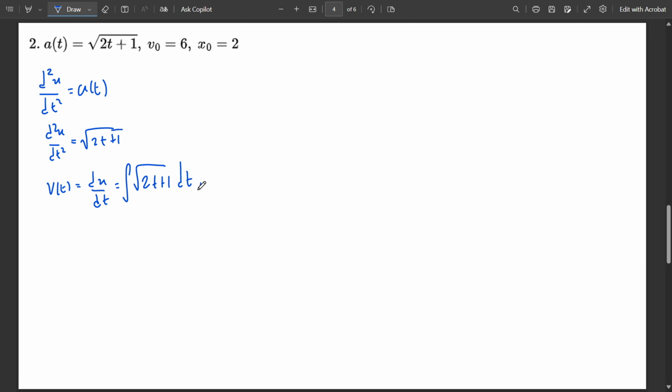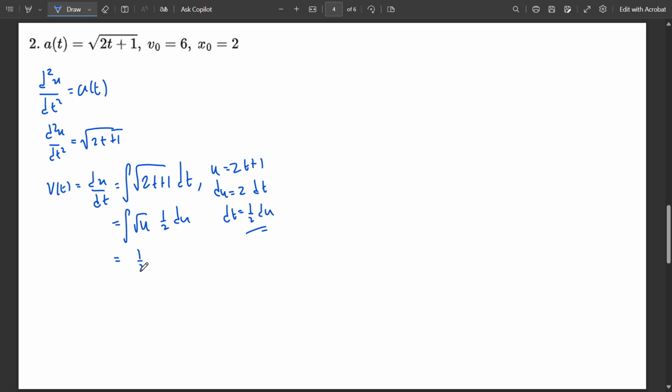Remember, we can solve this by using u substitution. So let u equal 2t plus 1, du equals 2 dt, or dt is just 1 over 2 du. Well, we can substitute this back here. We have the integral of the square root of u, and dt is our half du.